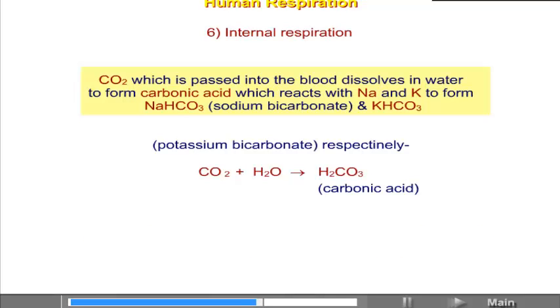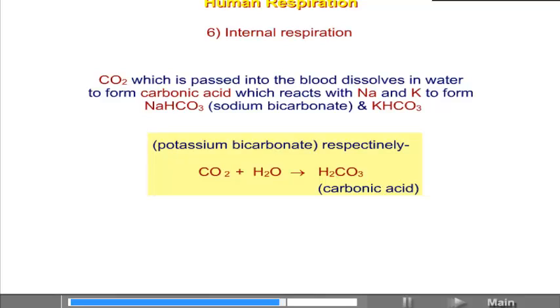Carbon dioxide, which is passed into the blood, dissolves in water to form carbonic acid, which reacts with sodium and potassium to form NaHCO3, that is sodium bicarbonate, and KHCO3, that is potassium bicarbonate, respectively.